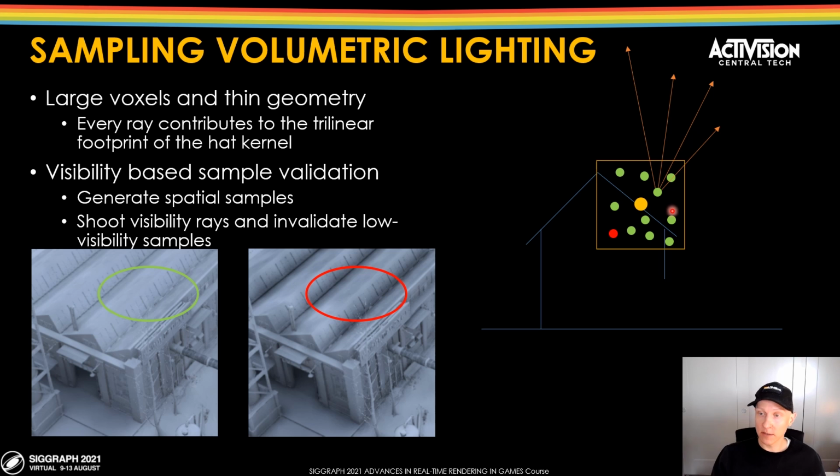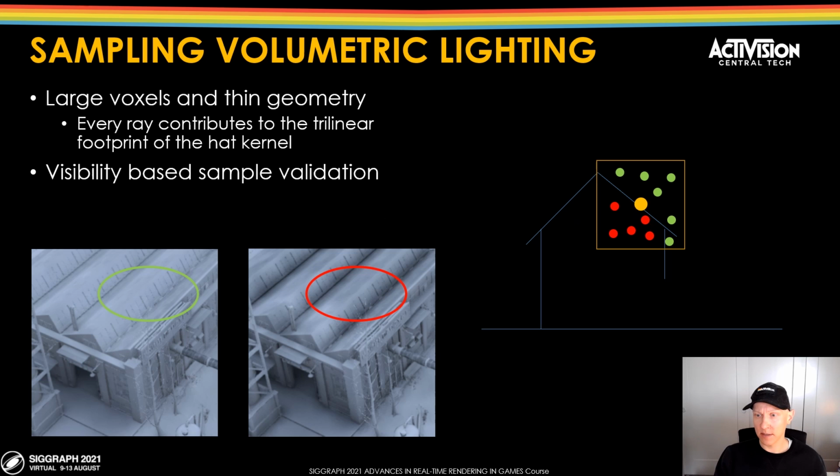We continue, and in this case, we have a sample located above the roof. We shoot a bunch of validation visibility rays, and the hit distance is really far, and we see the sky, so this sample is going to be valid. Then we continue this process for every sample. We shoot the validation rays, and based on the hit distance, we either keep the sample or discard it.